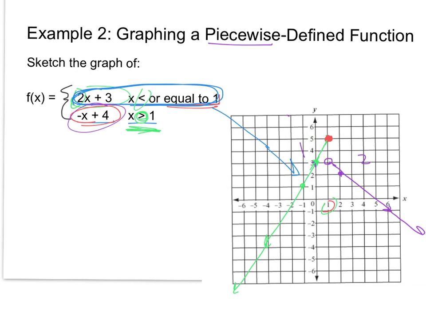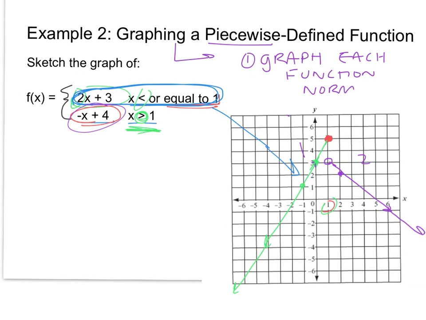those kinds of things. And so the trick to graphing a piecewise defined function is 2 parts. One, we're going to graph each function normally. Okay, so graph them normally.